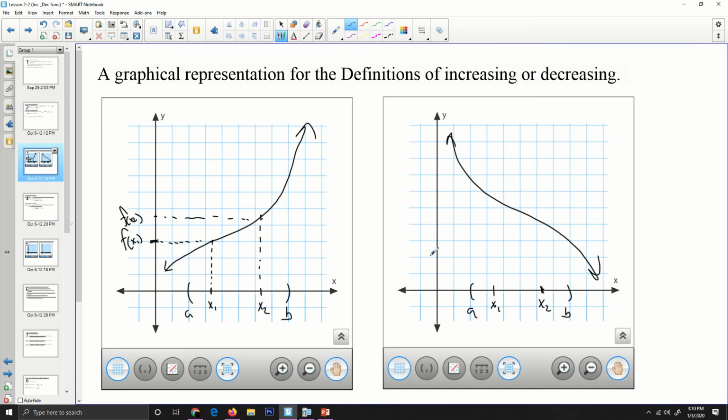That makes sense too, because if I follow this point up to here, and then I follow that over, this point right there is f of x1. And then if I follow this up to here, and then I follow this point over, that's f of x2. So if I pick an x1 and x2 such that x1 is smaller than x2, then clearly f of x1 is going to be greater than f of x2. And that's what you have when you have a decreasing function.